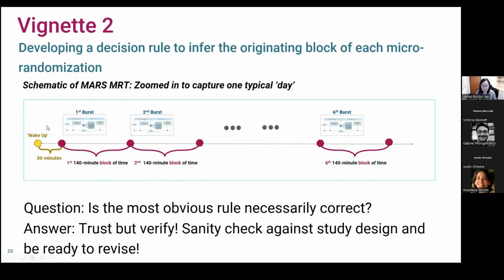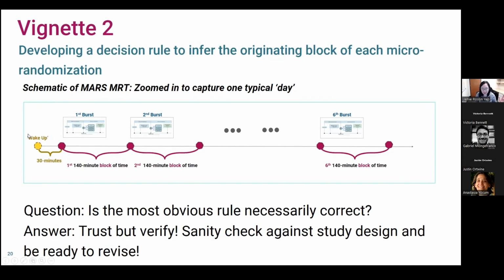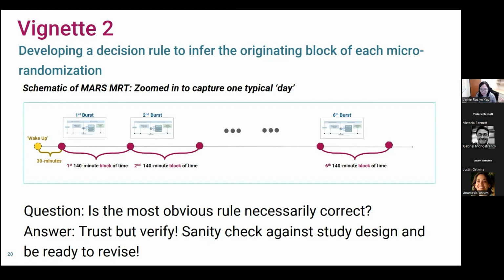And it was possible that this so-called wake up time could be later in the day, say for example, perhaps between 10 a.m. to 12 noon, just hypothetically for the sake of example. So that would push back the last burst here to be potentially after midnight the following day.